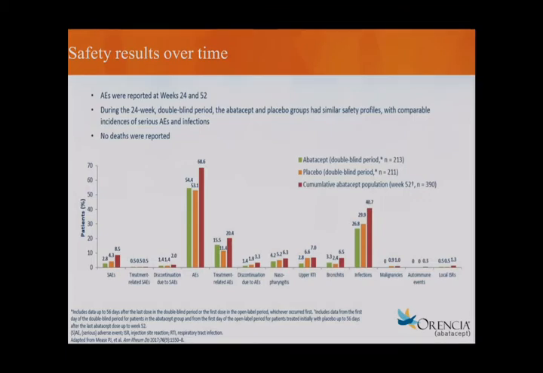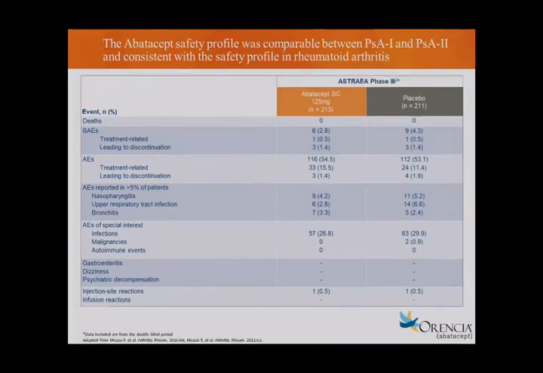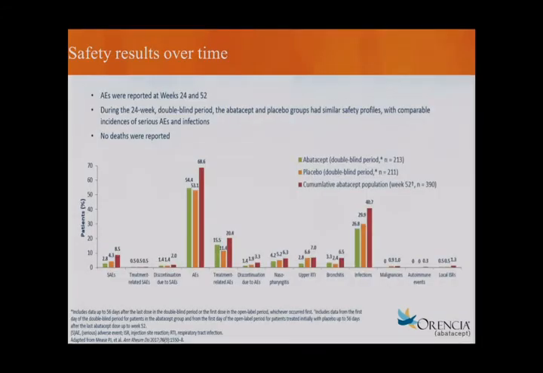There were no safety concerns or signals in this trial. Abatacept was almost equal to placebo in terms of adverse events, serious adverse events, infections, bronchitis, malignancies, and autoimmune disorders. You can observe from the figure that there was no difference between abatacept and placebo in terms of adverse events.